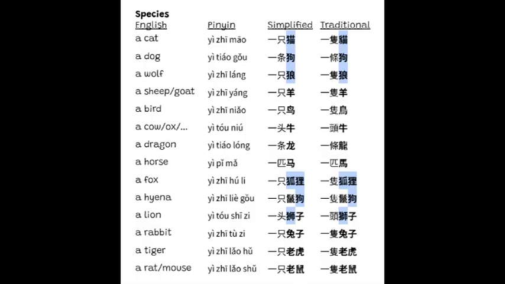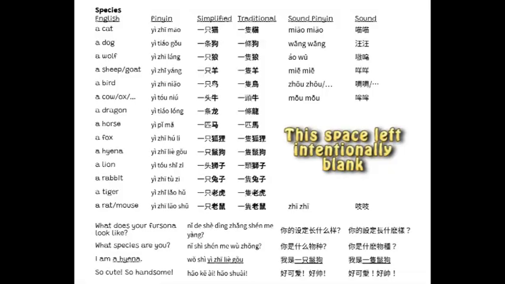So they share similar characteristics. Just an interesting thing to note. And by the way, there's no pinyin sound on the right, because we don't have a sound for lion, unfortunately.